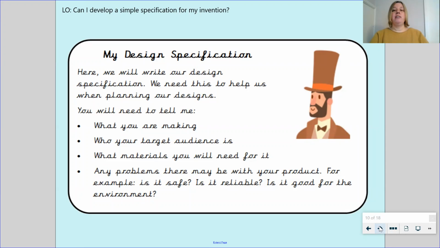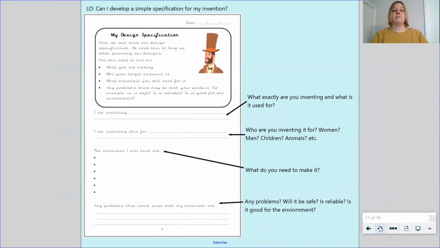Is it good for the environment? I'm going to use the electric hairbrush that you have been thinking about in your English lessons to help us today. So I'm inventing an electric hairbrush, and I'm going to make it so that my electric hairbrush can help me to wash my hair in the morning.